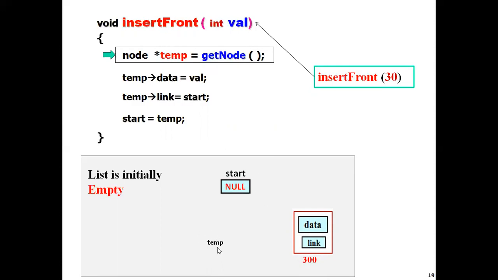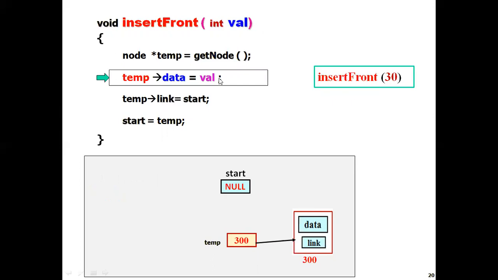Temp is storing 300 here, which is the address of the new node, so temp will be pointing to the node. This is what happens in the first line: temp equal to get node creates the new node, and its address is stored in temp. So each time get node is called, it is creating a new node.